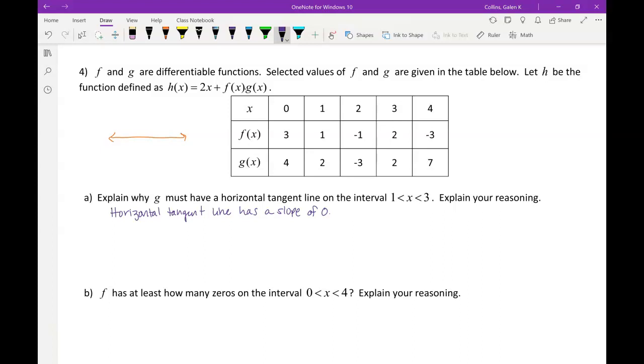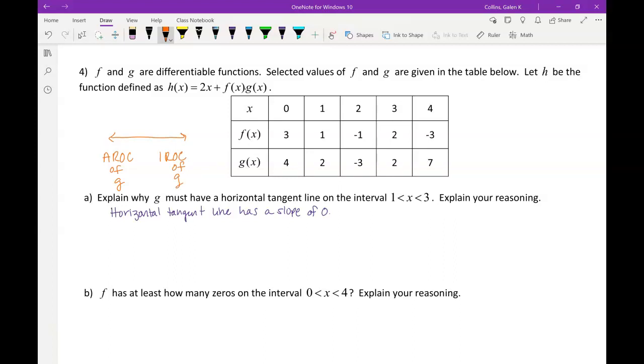So now I'm thinking about some theorems I know, and I know of one theorem that can guarantee a value of the derivative, and that's the mean value theorem. Remember, the mean value theorem can guarantee that the average rate of change of g over some interval is equal to the instantaneous rate of change of g, that is g prime of x, somewhere between the x values of that interval.